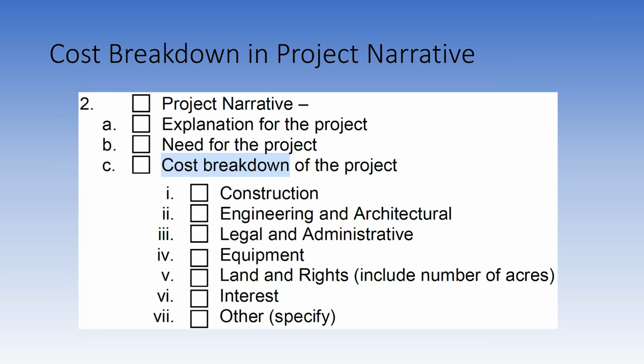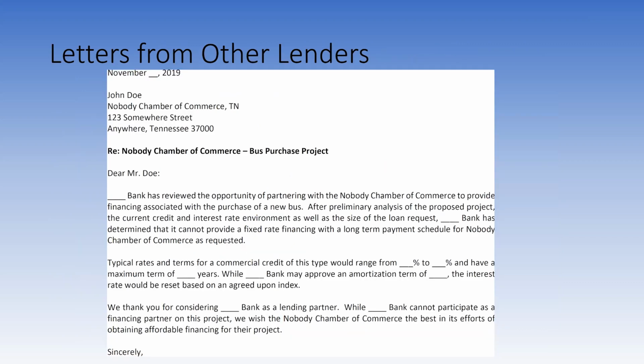The categories they want to know are listed here in those Roman numerals: construction, engineering, and architectural expenses, legal, administrative, equipment, land rights, interest, and then the always other miscellaneous category, anything that doesn't naturally fit into those other categories. This is the financial component of your narrative, your description of your project.